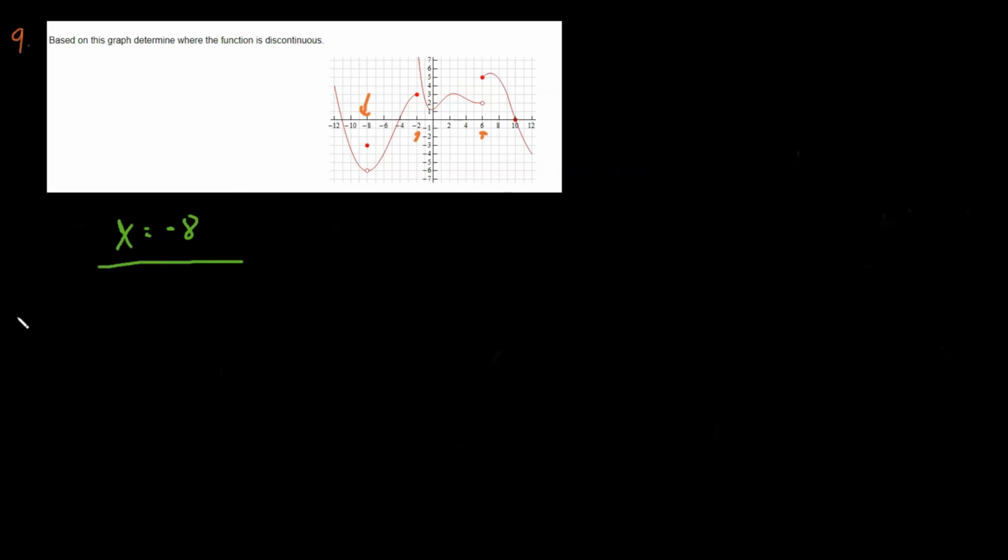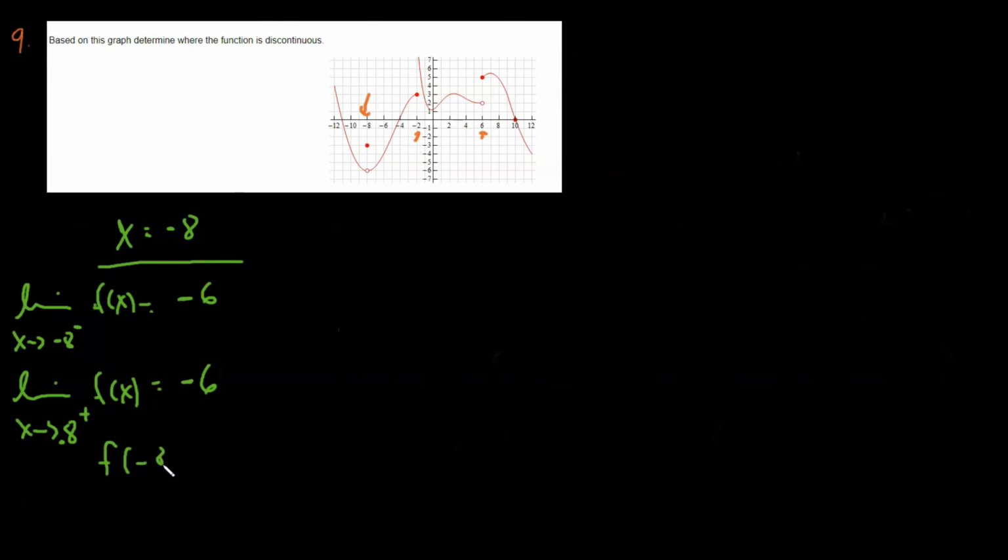So the limit as x approaches -8 from the left of f of x. We're approaching from the left, and it's trying to approach this value -6. Limit as x approaches -8 from the right, coming down, the limit is also -6. So they are the same, but we still gotta evaluate f of -8, because that's the rule.